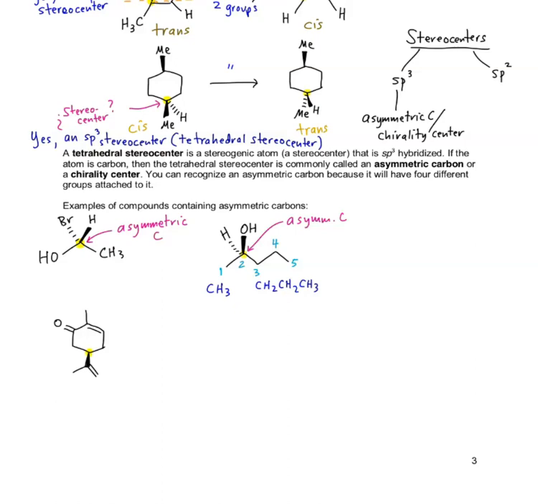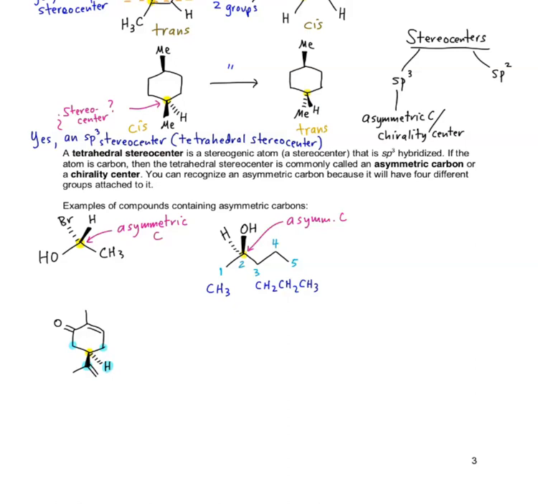So remember, if there are hydrogens not drawn in these early stages before you get used to this, you're going to want to draw in all the bonds that are not explicitly shown. So what we would do to compare the groups is to move directly away from that asymmetric carbon. So we have the hydrogen, we have this carbon that's involved in a double bond, and then we have these 2 carbons, which are part of the ring.